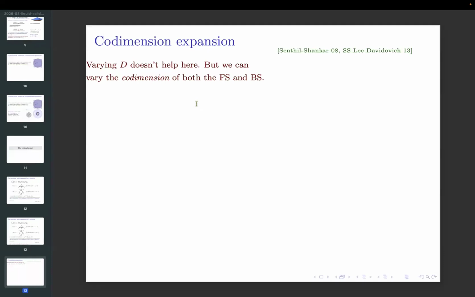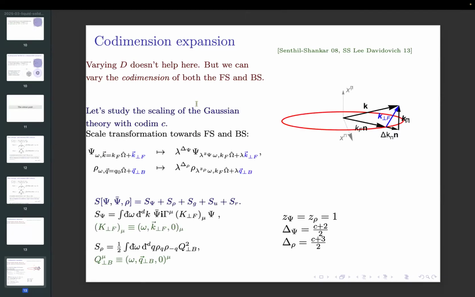So if I'm really interested in a theory of 2 space dimensions, but I add another dimension, what I've been calling the Fermi surface is actually a ring in 3 dimensions. There are 2 ways I can go away from the Fermi surface, and similarly for the Bose surface. I will call that codimension 2. More generally, I'm going to let the codimension be a continuous parameter C.